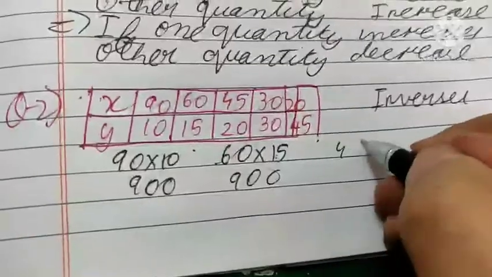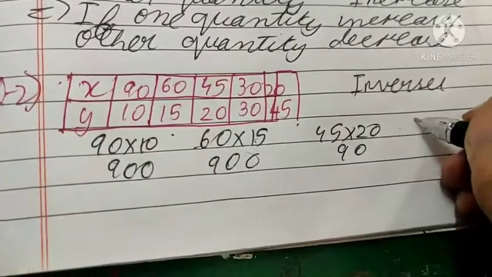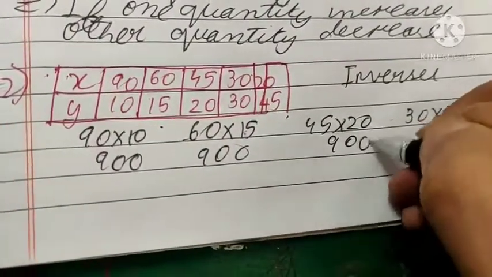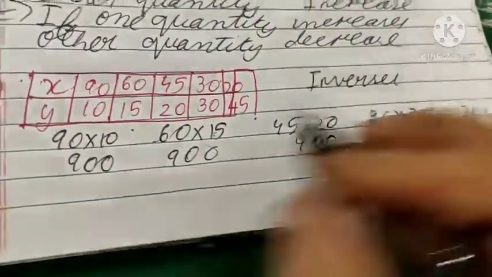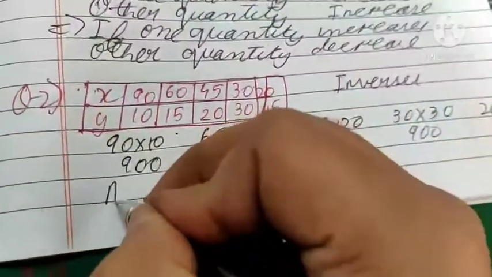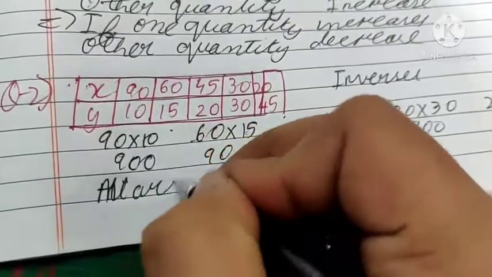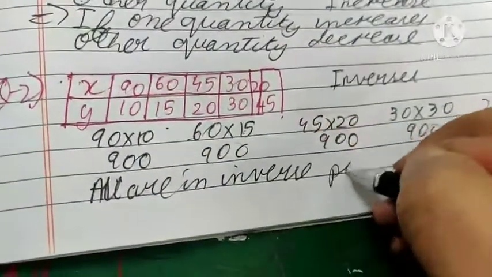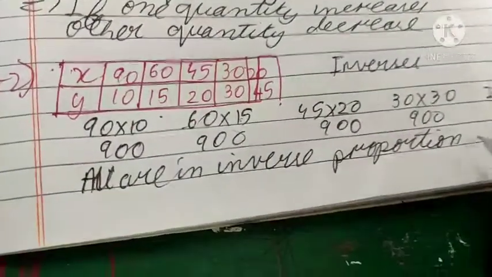Here 45 into 20 is also 900, 30 into 30 is also 900, and 20 into 45 is also 900. Means their multiplications are all equal, so all are in inverse proportion.